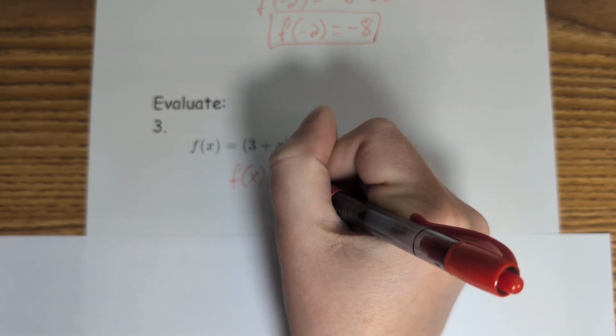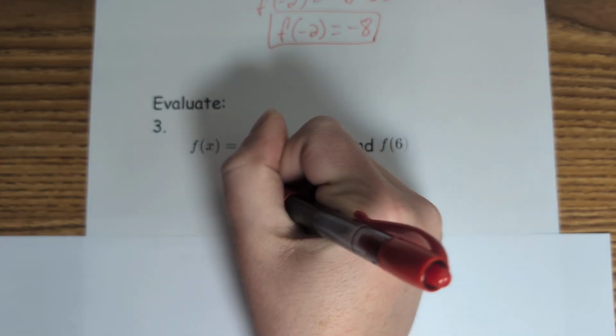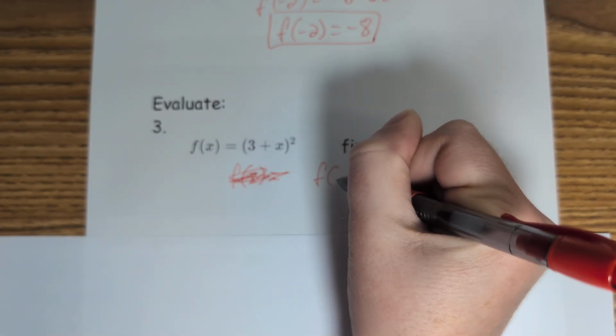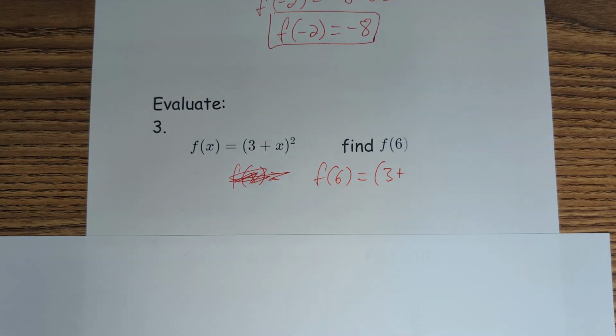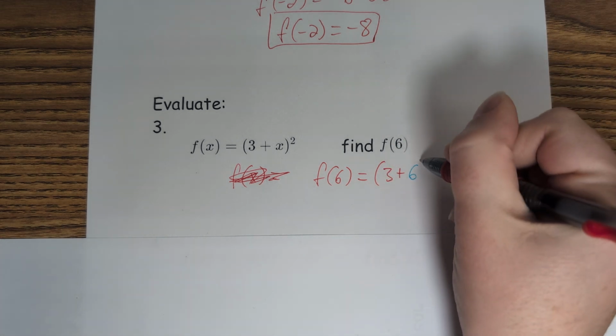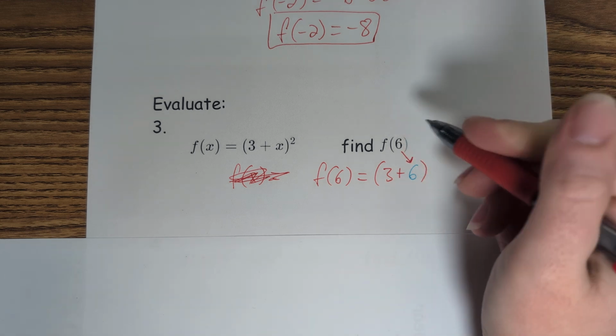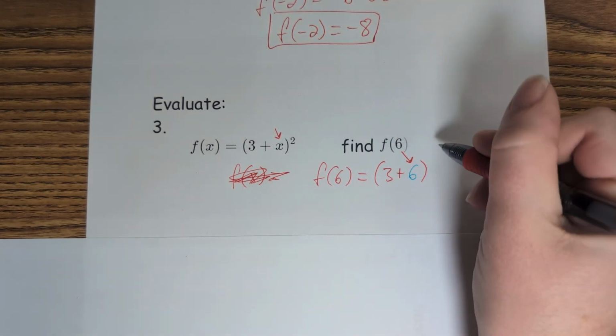F of 6 equals 3 plus 6, squared. Just a little FYI here, that's where our 6 came from. It went right there where the x was.